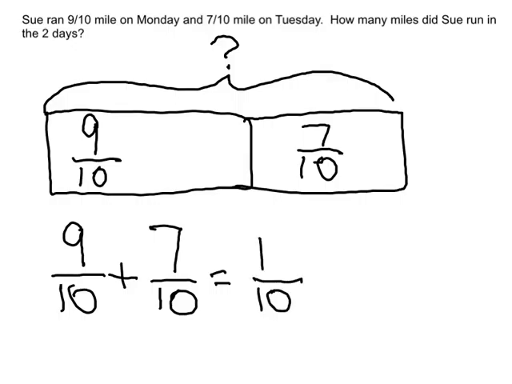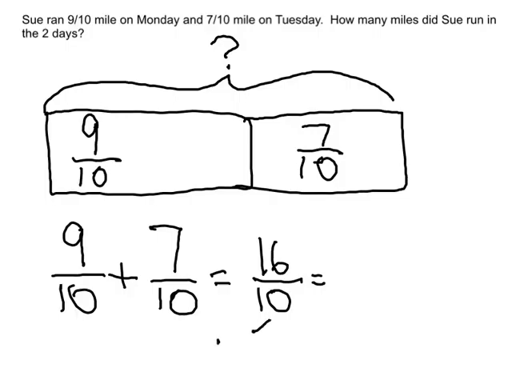9 plus 7 is 16/10. Now we know that this 16/10 can be decomposed into a different number. So we're going to decompose that.